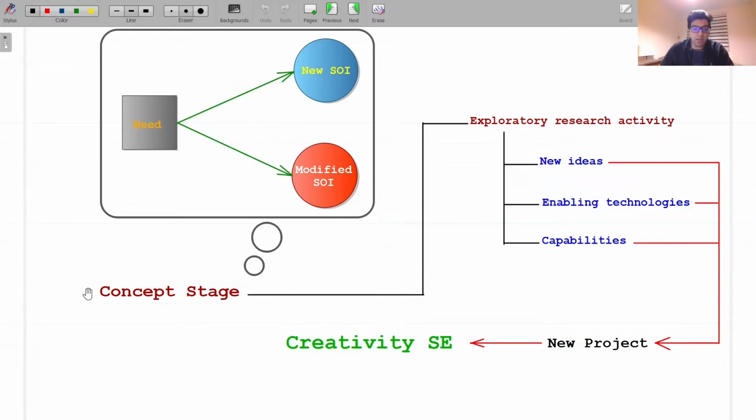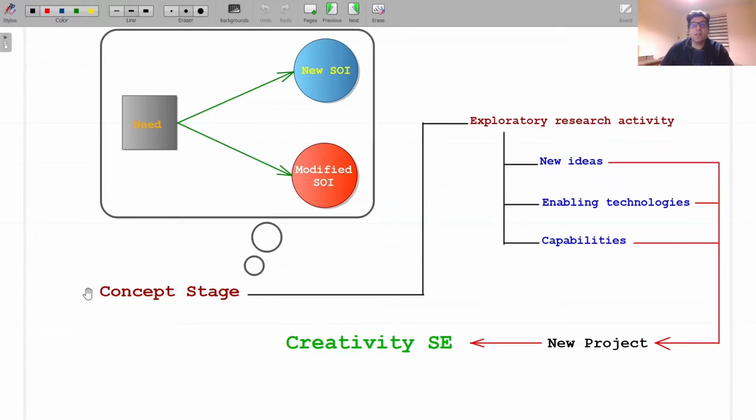A great deal of creative SE is done in this stage, and the systems engineer leading these studies is likely to follow a new idea into the concept selection, perhaps as project champion. Often, the exploratory research activity identifies the enabling technologies. If the work is done properly in earlier stages of the life cycle, it is possible to avoid recalls and rework in later stages.